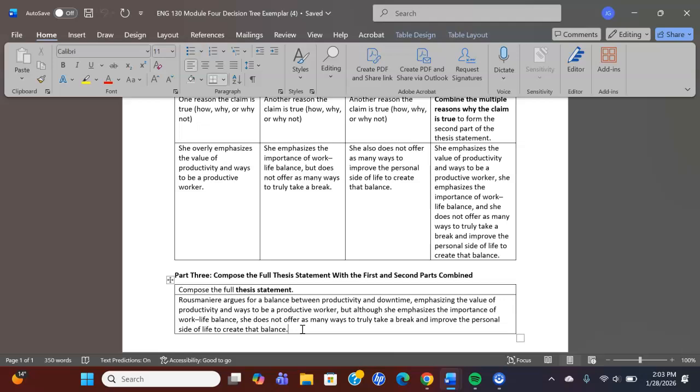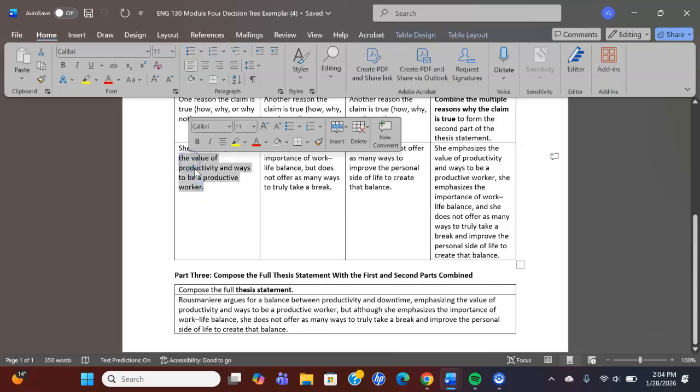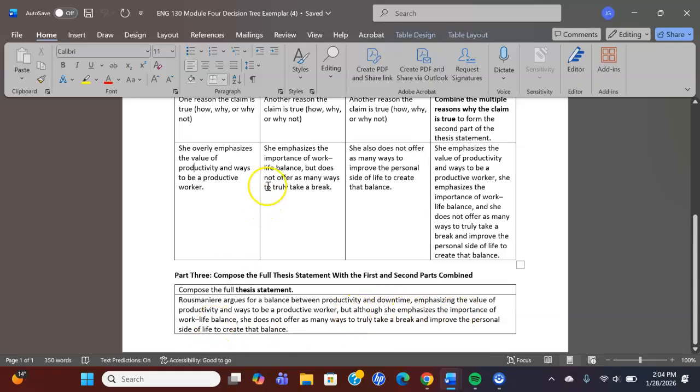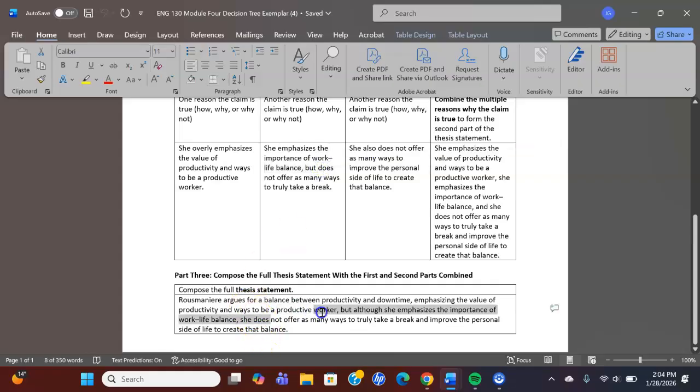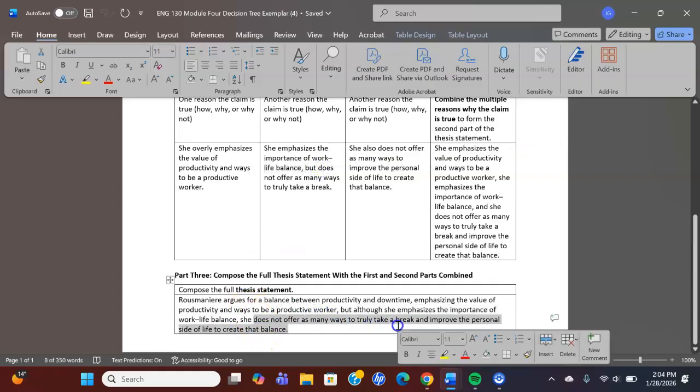Okay. Now that you have all of this completed, you will combine all those parts to create the full thesis statement. Okay. So here, Rose Manier argues for a balance between productivity and downtime, emphasizing the value of productivity and ways to be a productive worker. So you see how we are getting this first reason in there. And then, but although she emphasizes the importance of work-life balance, as we see here, she does not offer as many ways to truly take a break.